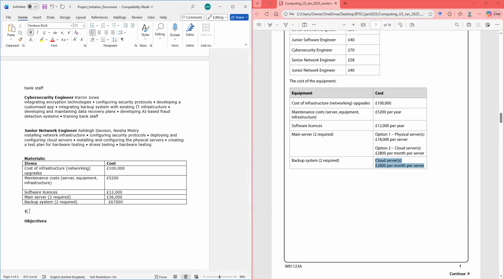So we have to put the total of everything. So that would be, I'm going from the bottom, 67,000 plus 36,000 plus 12,000 plus 52,000, sorry, it should be 52,000.